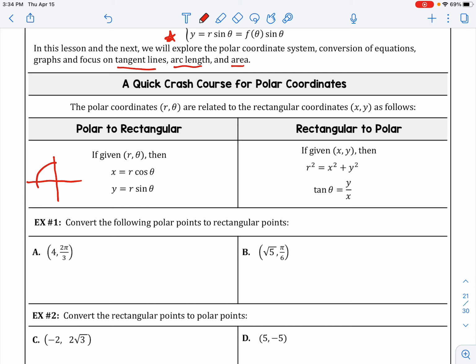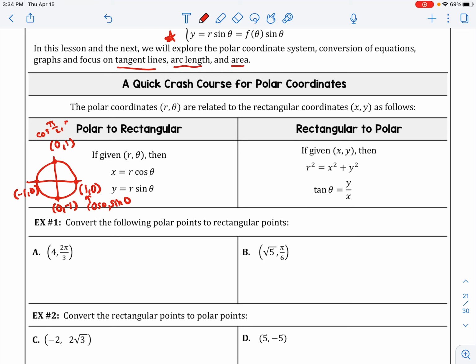Now let's think about this for our unit circle. When we used to talk about our unit circle, we would always give the points 1, 0, 0, 1, negative 1, 0, and 0, negative 1. Remember how we used to say that this is the cosine of 0, comma, the sine of 0.